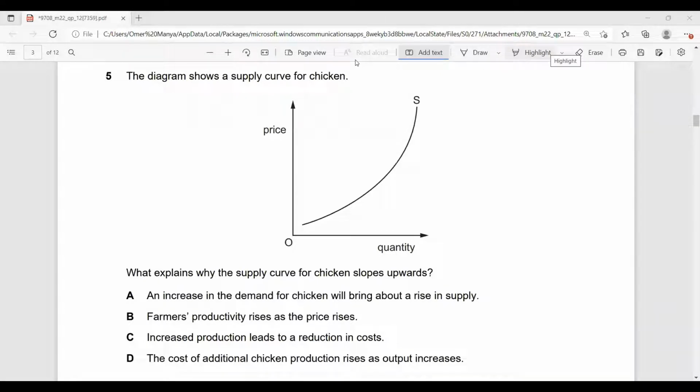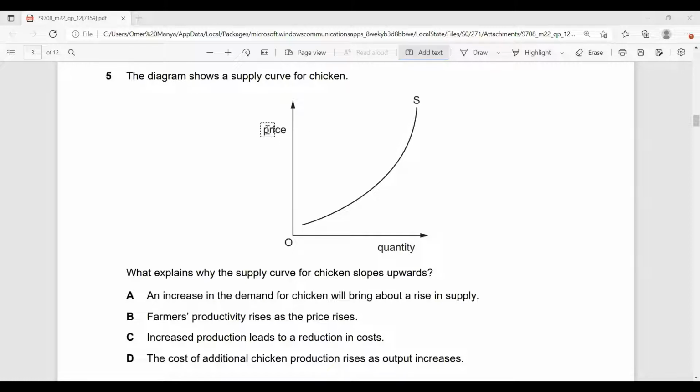Now, why are supply curves upward sloping? What explains the positive relationship between price and quantity? Well, first of all, if you produce more quantity, the price will need to increase because as you produce more, the cost of production increases. So in order to cover that extra cost, the price needs to increase.